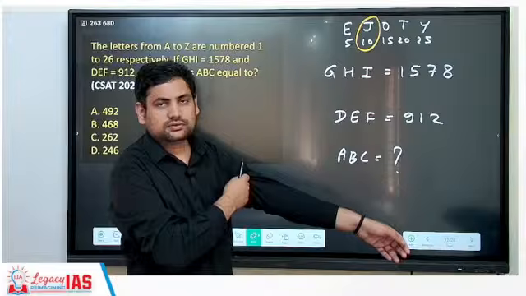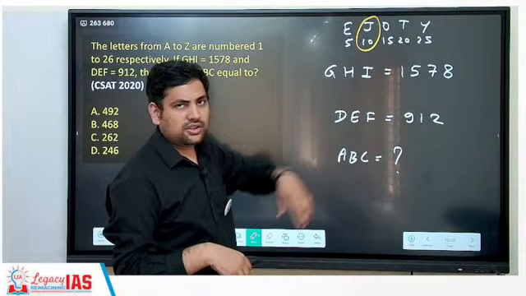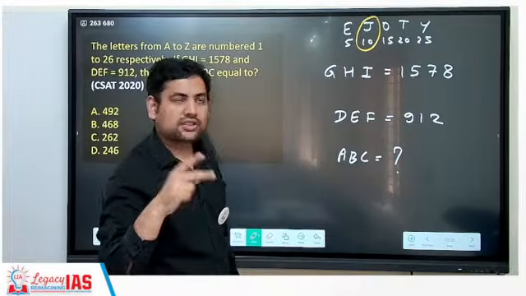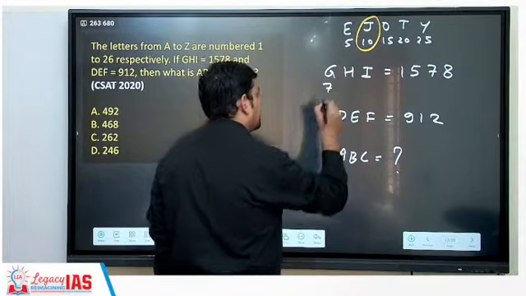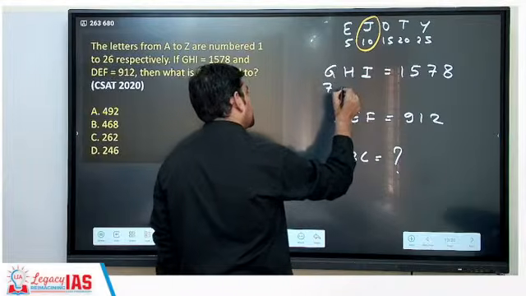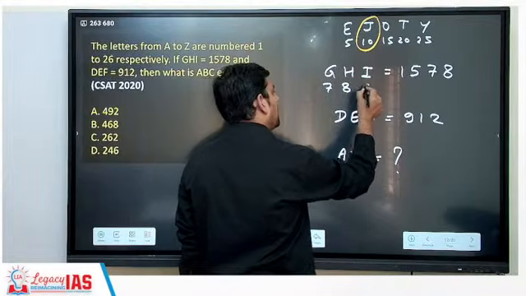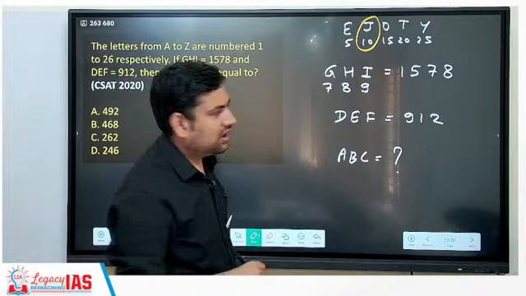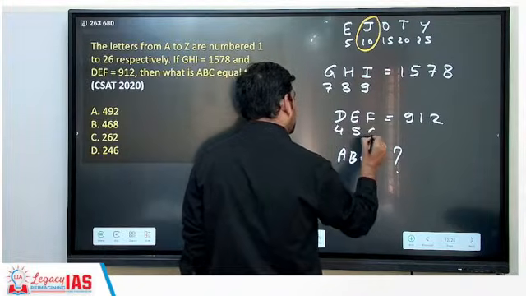From E, which is 5, you start counting: F, G. So that means this is 7. Then H is 8 and I is 9. Now D, E, F is much easier. D is the 4th letter, this is 5th, this is 6th.